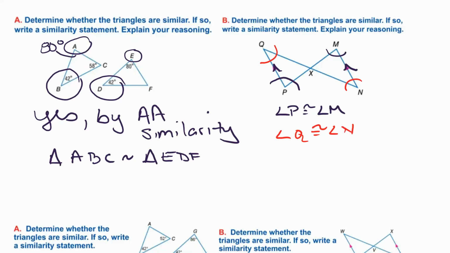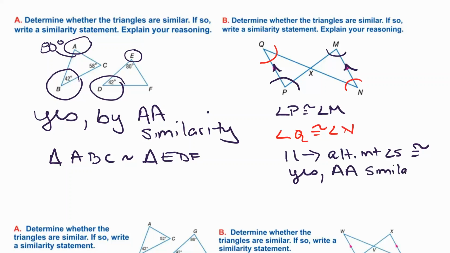And we know that because we have parallel lines, and that gives us that alternate interior angles are congruent. So yes, they are similar by AA similarity. And triangle PQX is similar to triangle MNX.